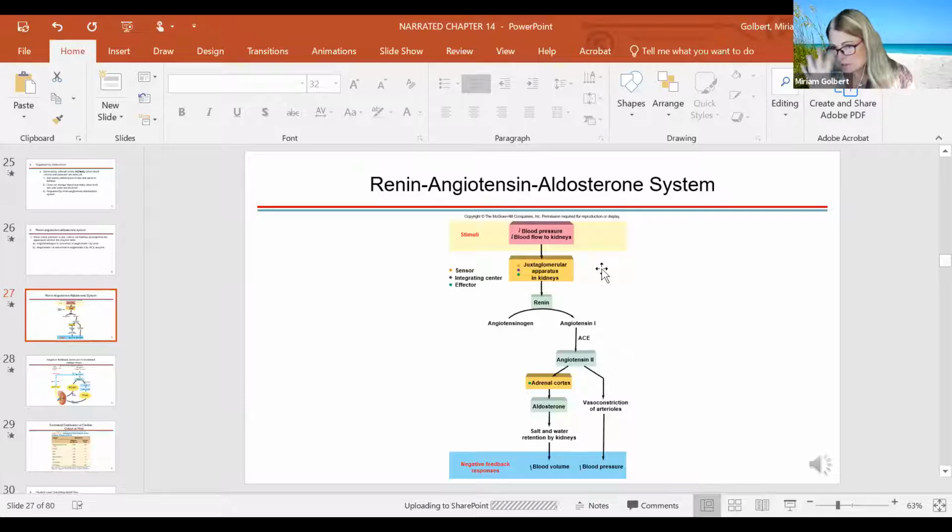So for now, just stay with that. But when these little cells detect that, they're going to secrete a hormone called renin. So here is your little renin, right? And renin is kind of like an enzyme. It's really a hormone, but it's an enzyme to catalyze the conversion between angiotensinogen and angiotensin 1.